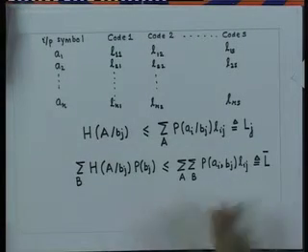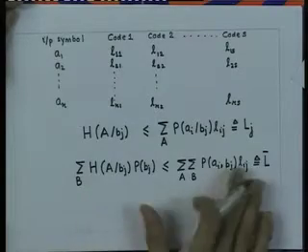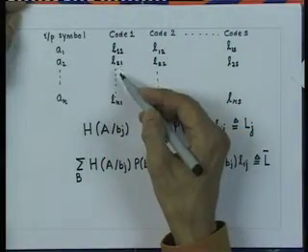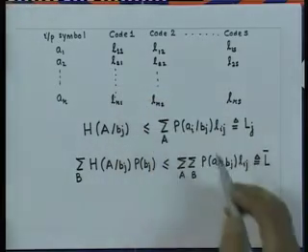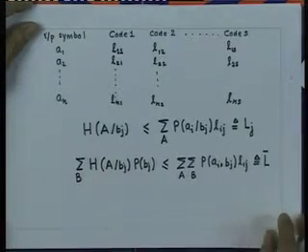Now, in order to show that the bound can be achieved, we next describe a specific coding procedure. So, when bj is the output of a channel, we select Lij, the word length of the code word corresponding to the input ai, as the unique integer satisfying the following inequality.